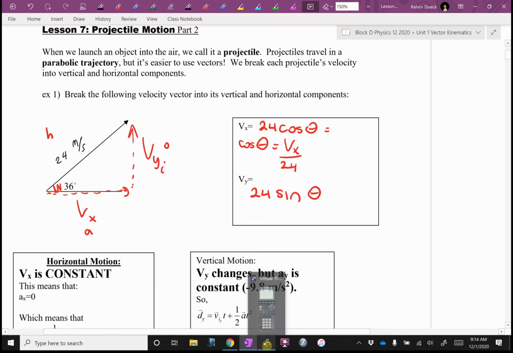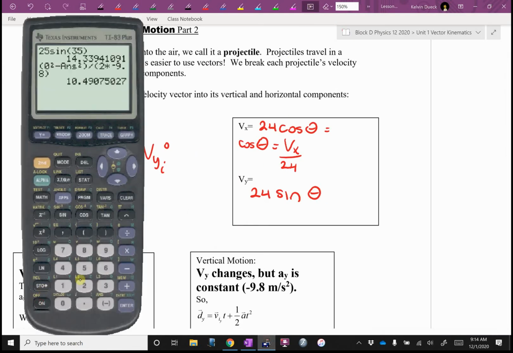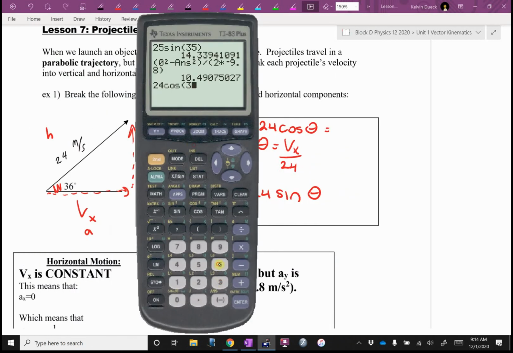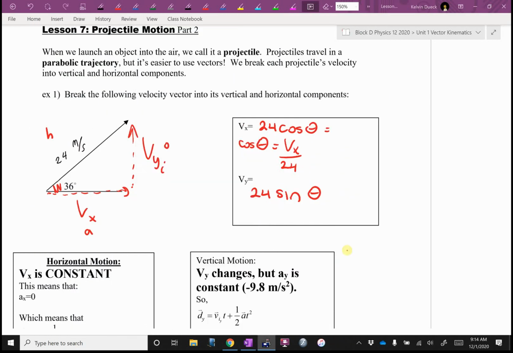So let's actually fill in the numbers. So 24 cos 36 is 19.4. If I knew I was using this to find something else, Aiden, I would add some more sig figs. Or I would just type 24 cos 36 later on in the actual equation where the Vx was.